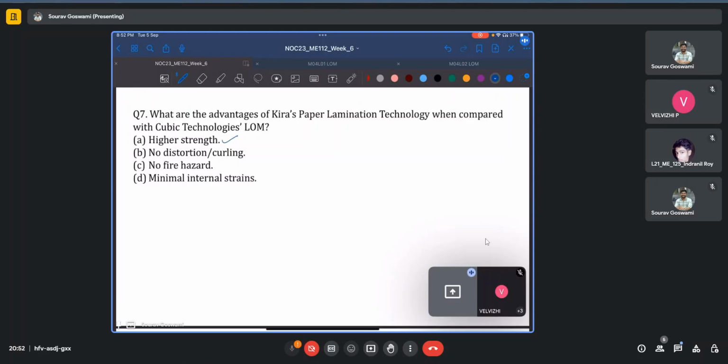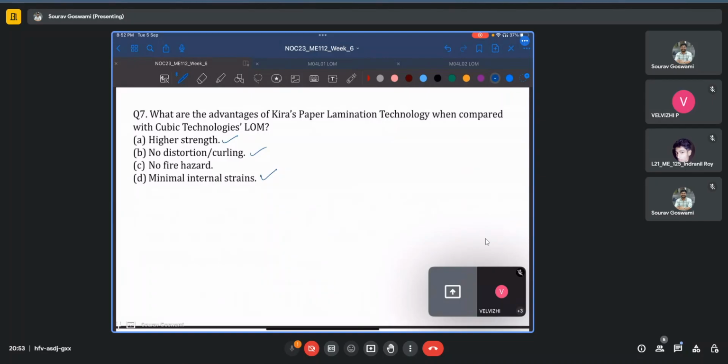After the hot plate is removed, the material is allowed to expand freely, and this leads to the relieving of stresses. Because the residual stresses are at a minimum, there is no distortion or curling during further processing. And yes, minimal internal strains are also present.